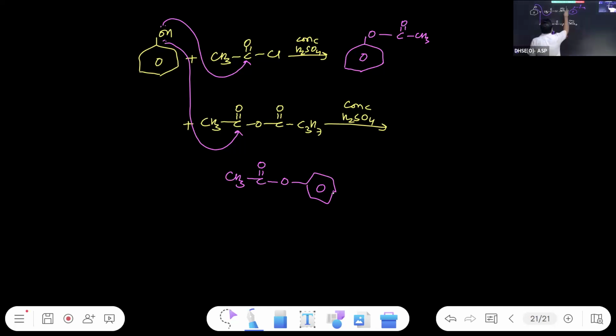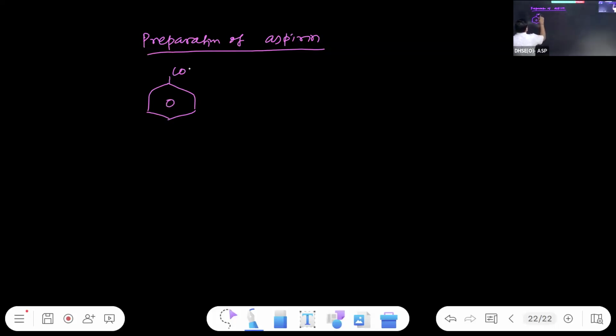Next is preparation of aspirin. What is the name of this?